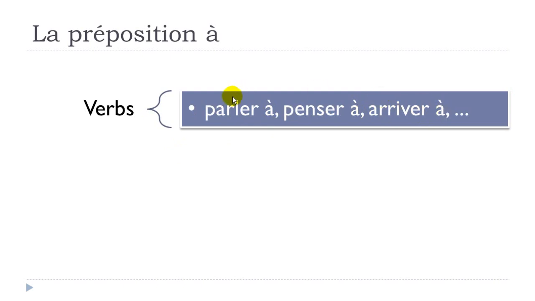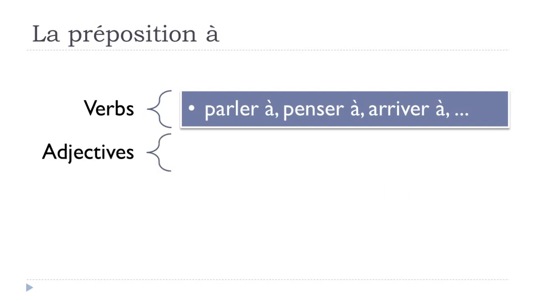So, in that case, you should use this preposition à with these verbs. Okay, you will see that normally the way students do is that they will remember these prepositions and the combination of verbs and preposition little by little. So when you encounter a new verb with a preposition, the idea is to try to write it or to try to memorize it, and that's the way it will go.